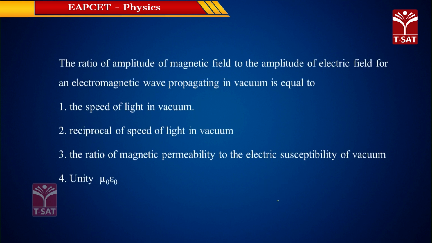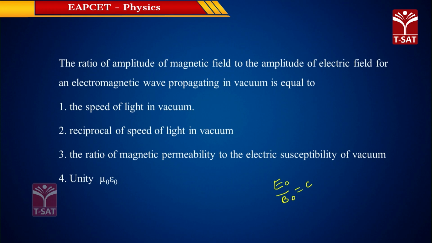The ratio of the amplitude of magnetic field to the amplitude of electric field for an electromagnetic wave propagating in vacuum is equal to, children, I have already explained: E0 by B0 is equal to c.